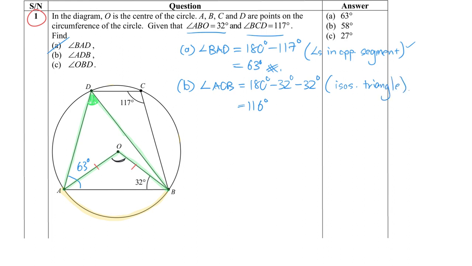Right, so what property are we using here? Very good, angle at the center is 2 times the angle at the circumference. So we can therefore conclude that angle ADB is 116 divided by 2. Right, it's the smaller angle, which will give us 58 degrees. So the reason is angle at center equals 2 times angle at the circumference.